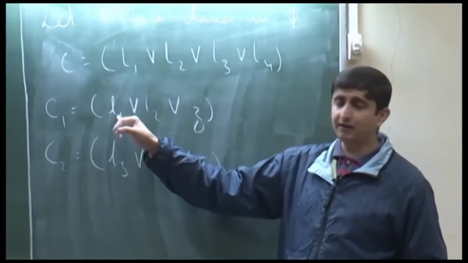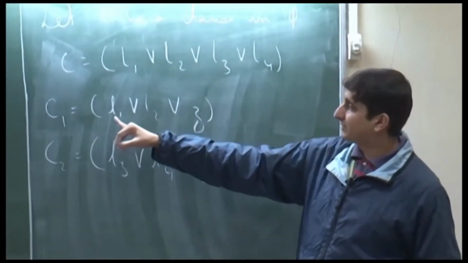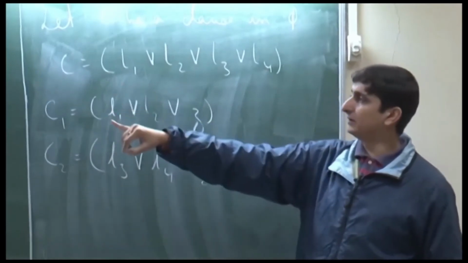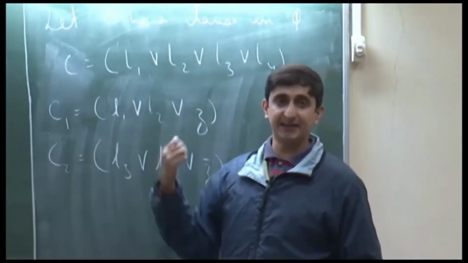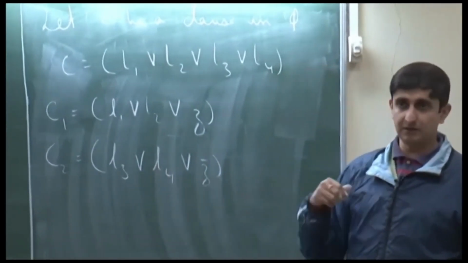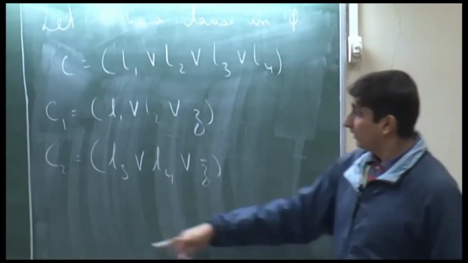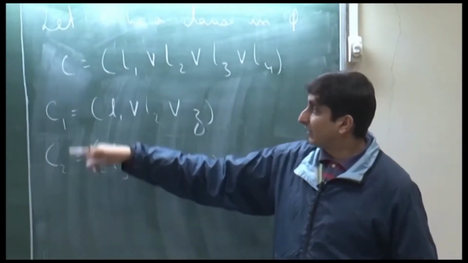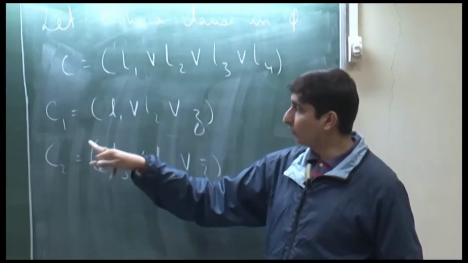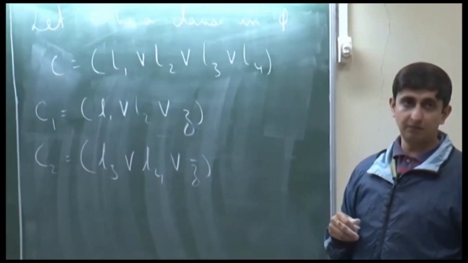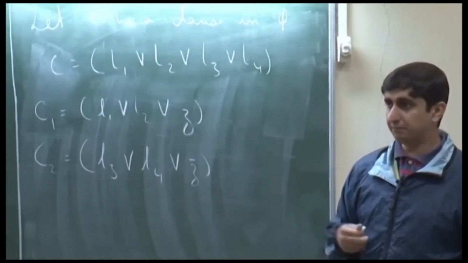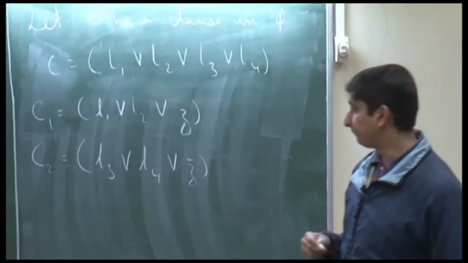A literal, by definition, is either a variable in the formula phi or its negation. These are the 2 clauses that we construct from C, and note that both these clauses have 3 literals in them.